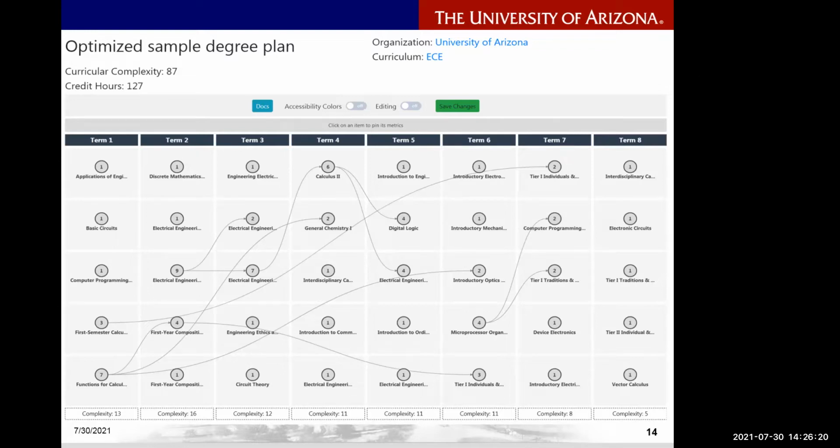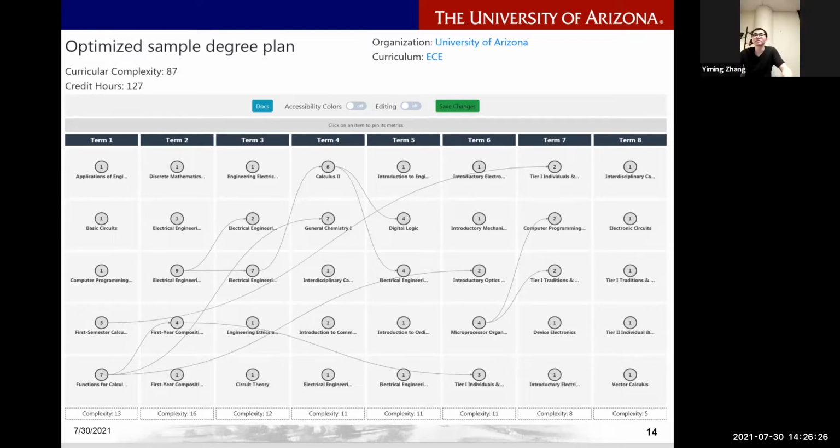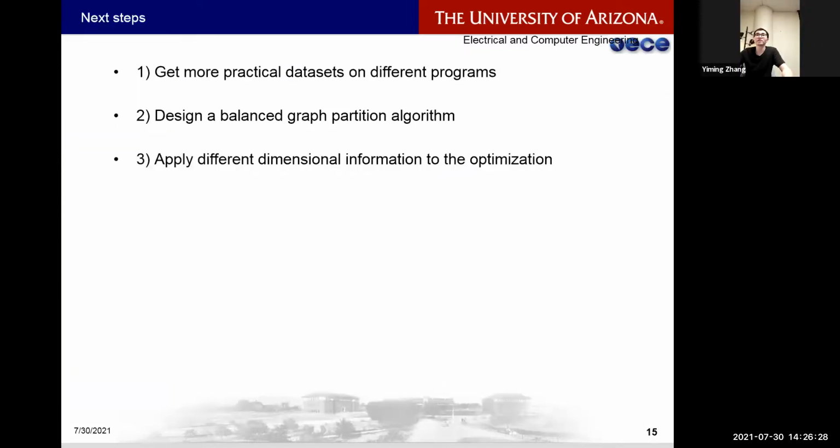So can we see again the next step slide? Next slide. Okay. Yeah, this one. Okay, design balanced graph. So what do you mean by a balanced graph partition algorithm?